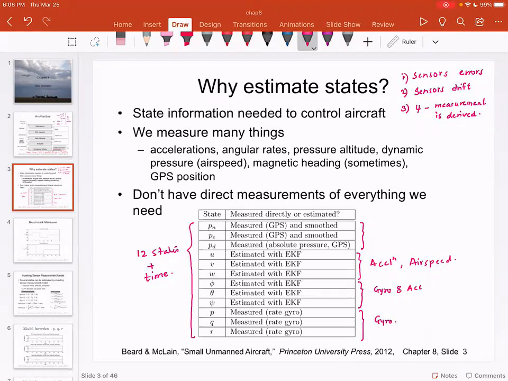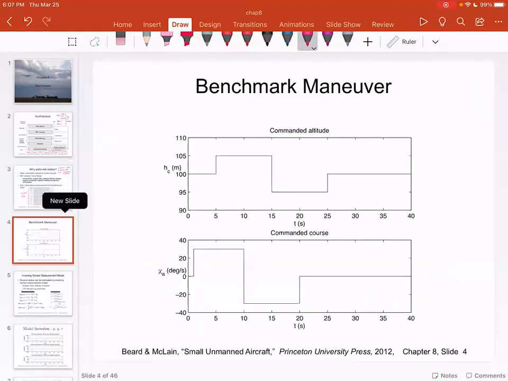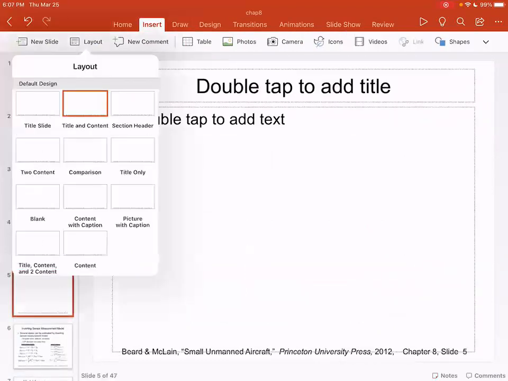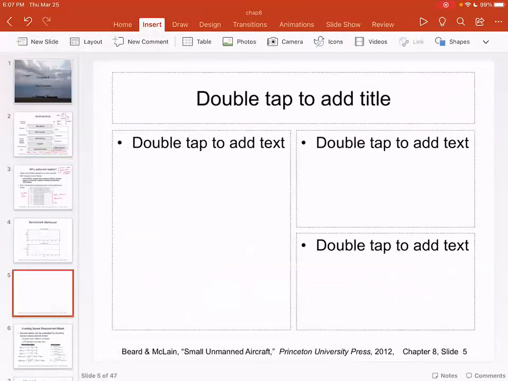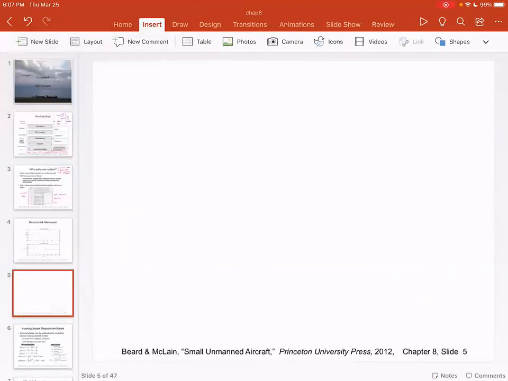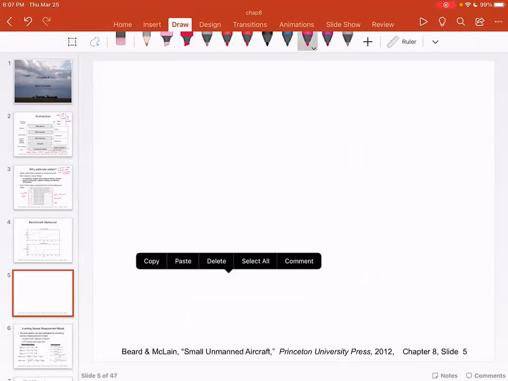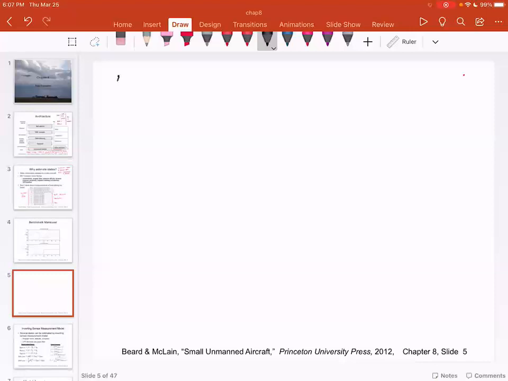So let me give you an example of how bad the situation could be. Let me give you a very simple example. Imagine that you have an accelerometer, and you mount it on a car. Right now there is no component of gravity.